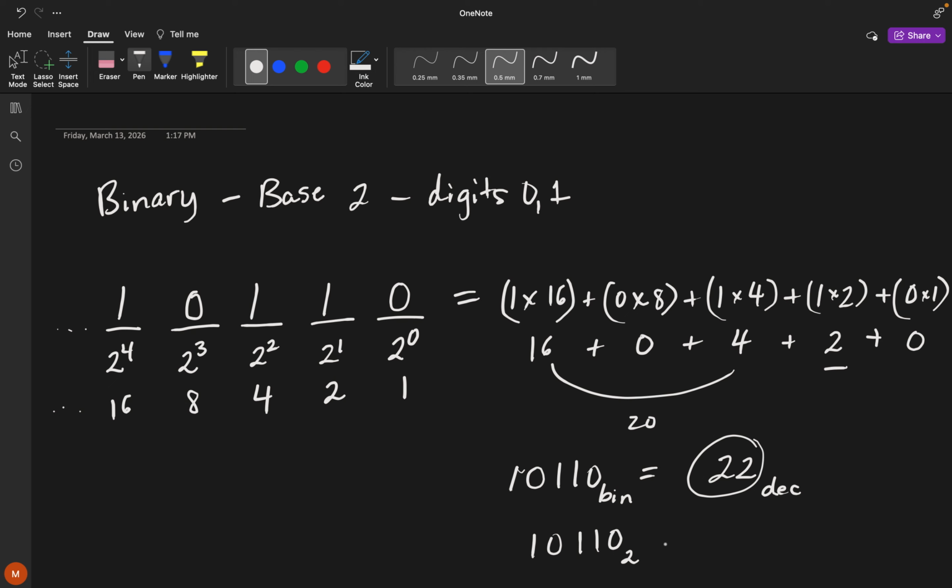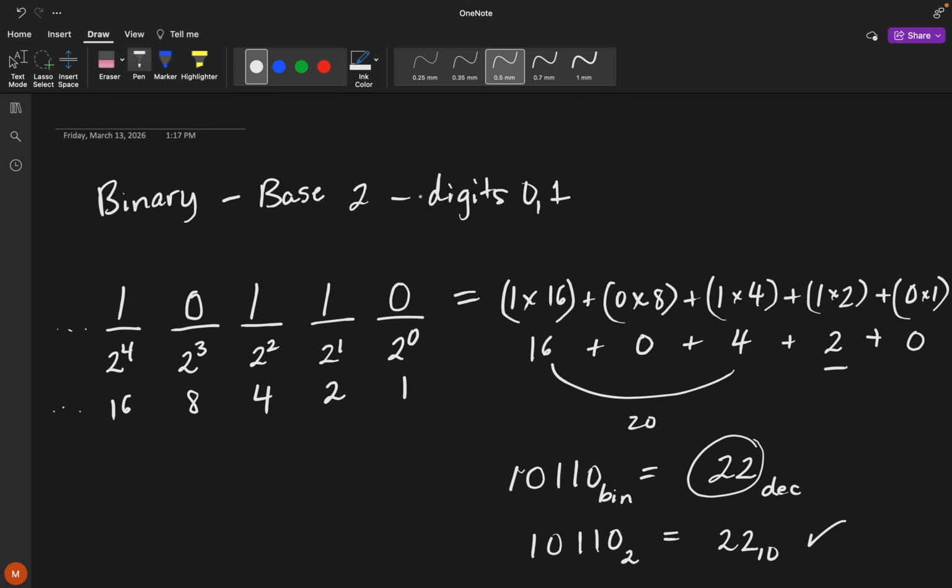So you put a little 2 below the number, kind of the opposite of an exponent. And that's equal to 22 in base 10. So this is how we would write our final expression of the answer that we found just now.